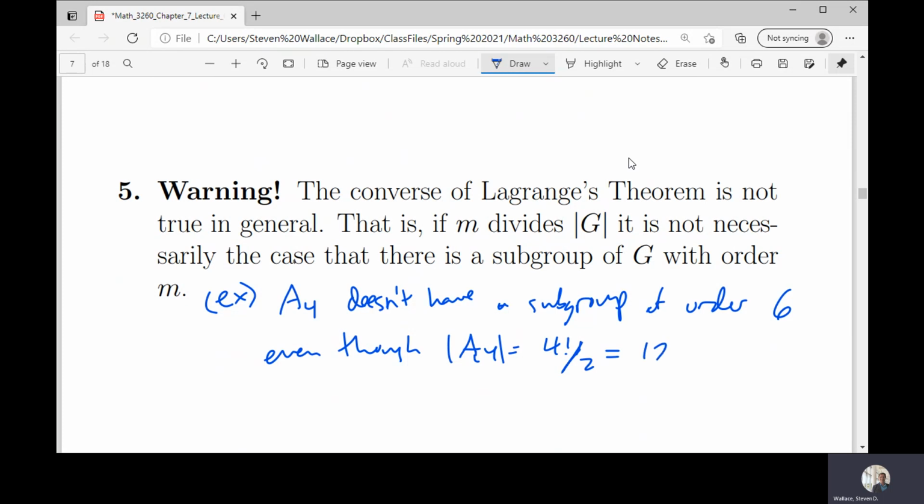Let's say 4 times 3 times 2, divided by 2. Yeah, 12. I was right. Okay. So it's not true. If a group does satisfy the converse of Lagrange's theorem, we call it CLT.